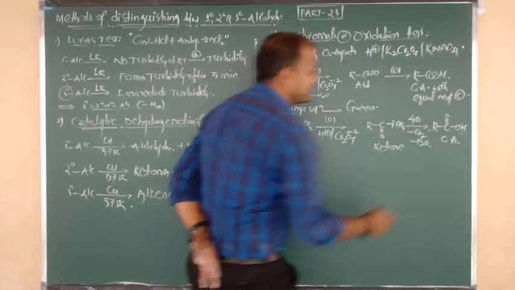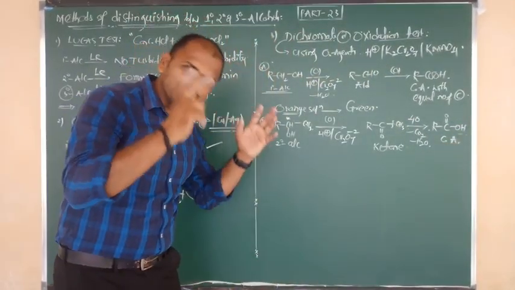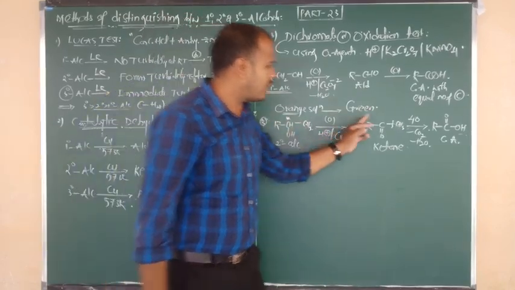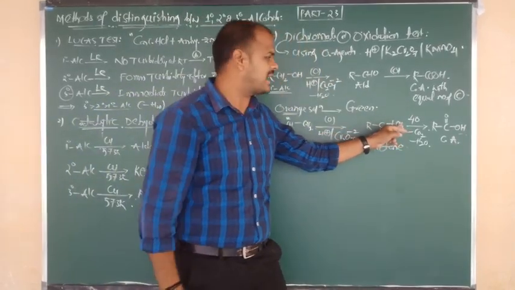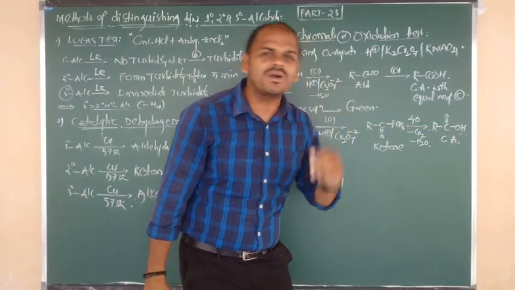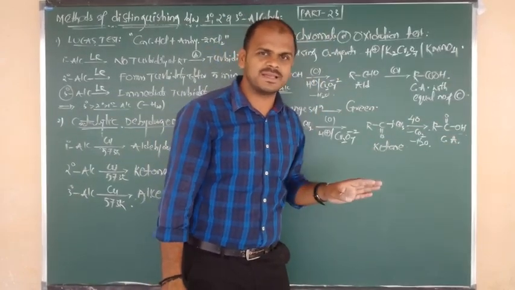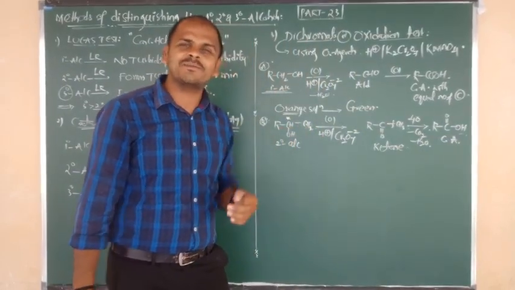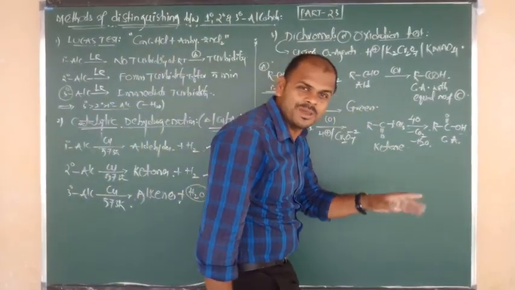Once again I am saying, carefully, try to think. Here you suppose there are 3 carbons, but you see in the carboxylic acid only 2 carbons are there, if R is replaced by CH3. So here how many carbons are there? 2. But initially how many carbons? 3 carbons. That means the number of carbons decreases.